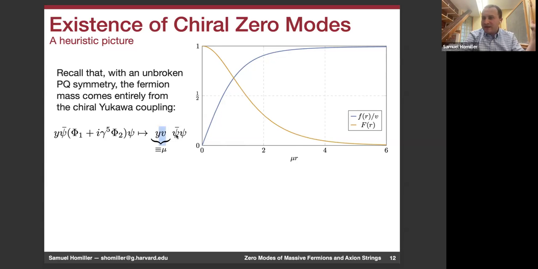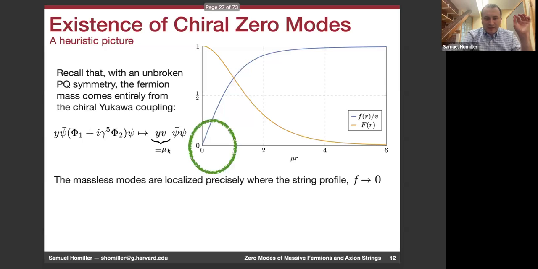You just get YV psi bar psi, call that mu. And so that's where the fermion mass is coming from. And so this heuristic picture is that you have these massless zero modes that exist because the string core approaches 0 at 0. And so there the fermions are massless. And of course it makes sense that you have these massless excitations at the core of the string because there's no mass there.